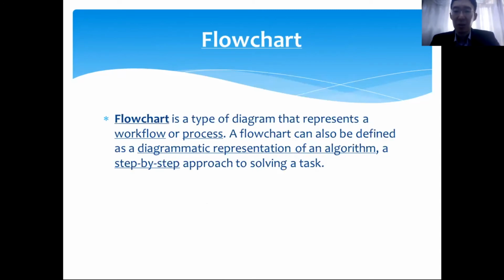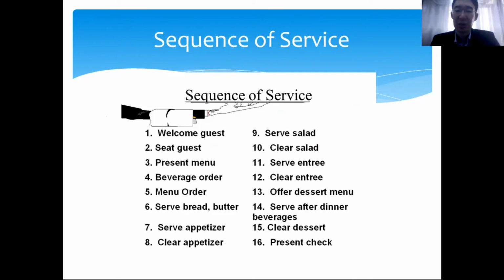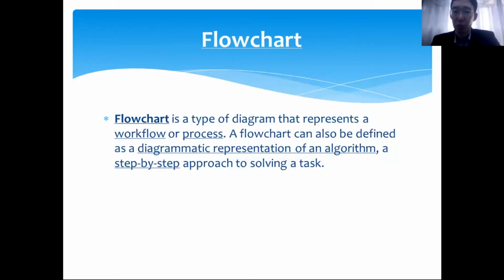The other thing we should cover is the flowchart. When we have different sequences, just knowing them is not enough. We should be prepared for all the elements and all the procedures done according to the order, as we said before. And we have a great tool to do that in a proper way, so we're not going to get confused or forget something. This tool is called a flowchart. A flowchart is a type of diagram that represents a workflow or process.